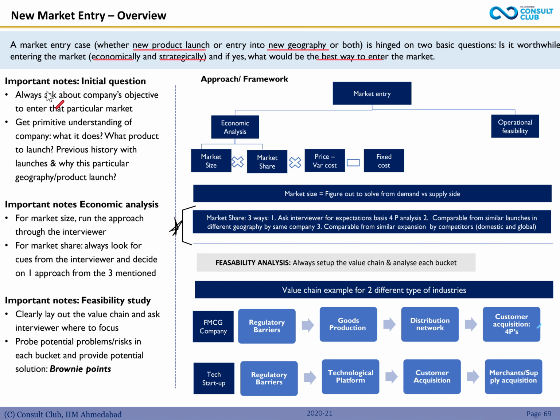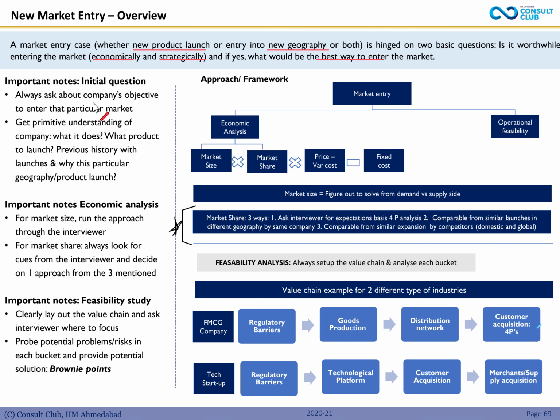So what should be the initial set of questions? Before going deep into navigating into markets and products, you need to first of all understand what is the company's objective and get into the mindset of what the company is looking for, so that you can provide a very personalized and implementable solution to them.